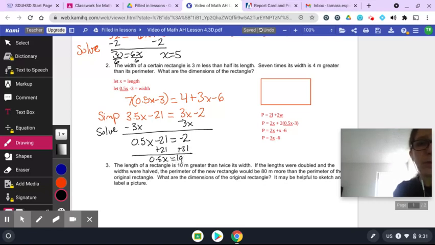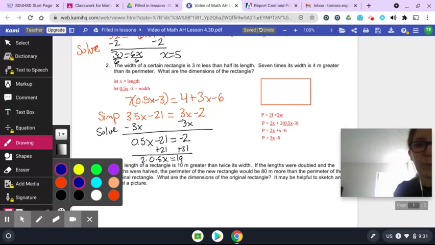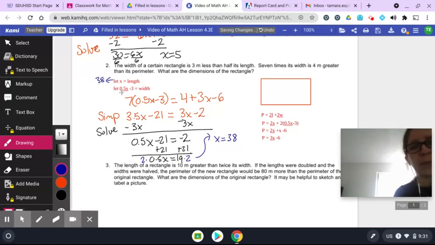Now, you can divide by 0.5 or multiply by 2. It means the same thing. I'm going to multiply by 2 because of space. So I get x is equal to 38. And I have to think, what does x represent? X represents the length. So this is 38. Half of 38, 19 minus 3 is 16. Okay.